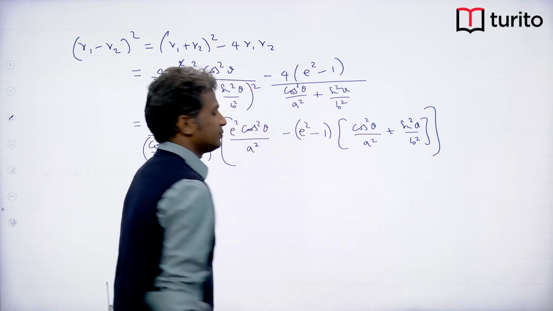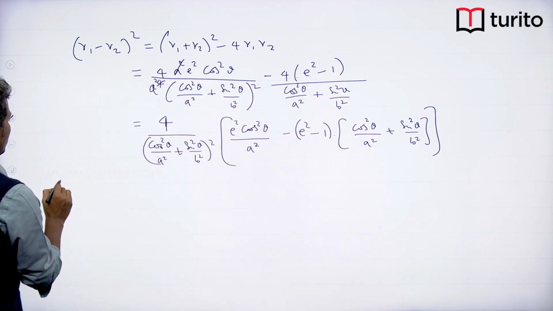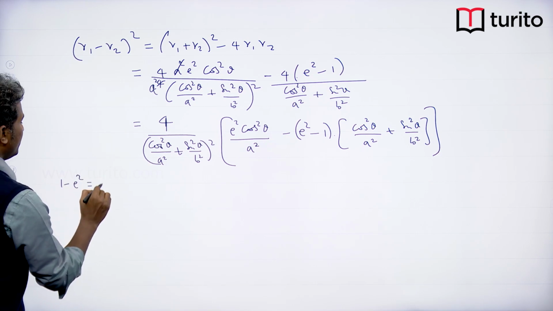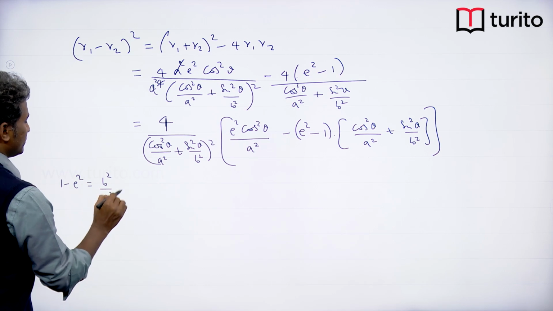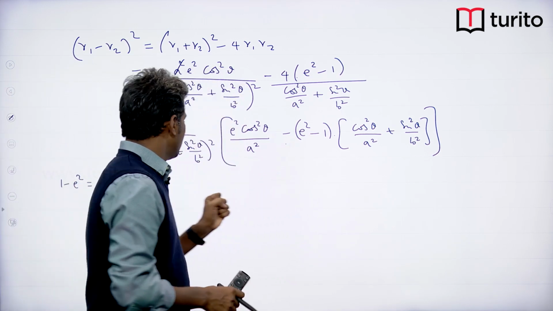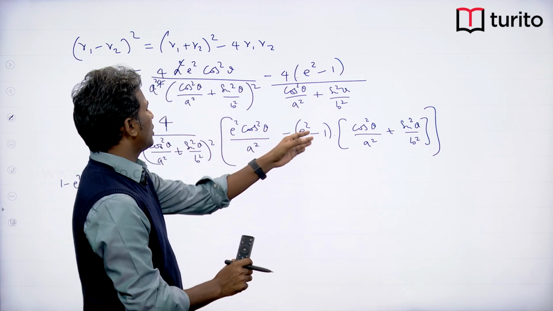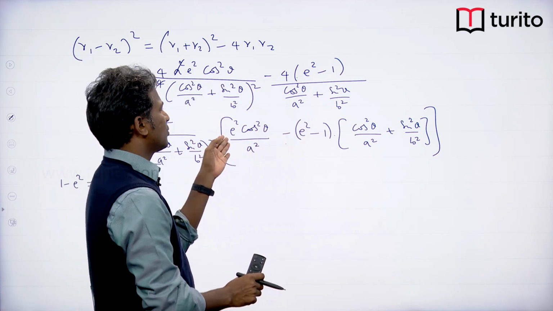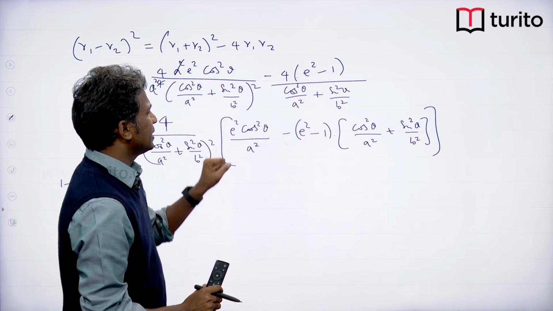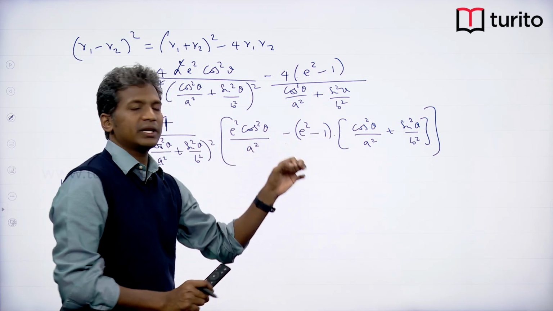Now, we know that in an ellipse 1 minus E square is going to be B square by A square. So, here effectively including this minus sign, we can write this as B square by A square. Then we can take some things common and try to simplify this. But there is E square here that can be balanced when we take cos square theta by A square common.